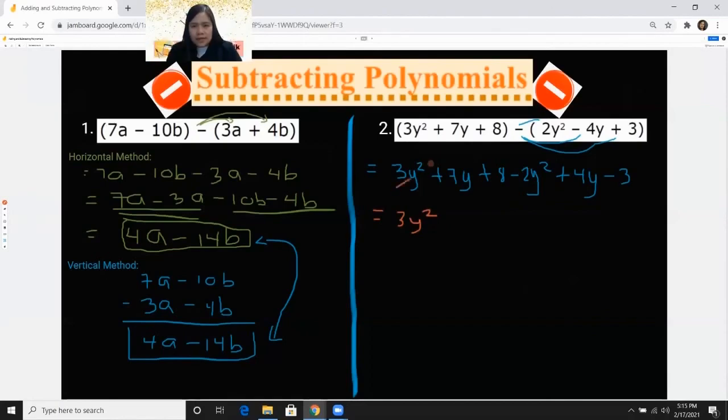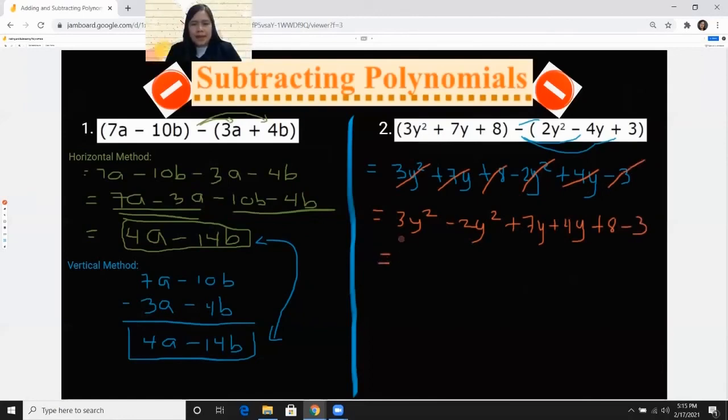Then we'll cancel it so that we know that we already wrote it. And then negative 2y squared, and then positive 7y, and then positive 4y. Then plus 8, minus 3. There you go. So we already wrote everything.